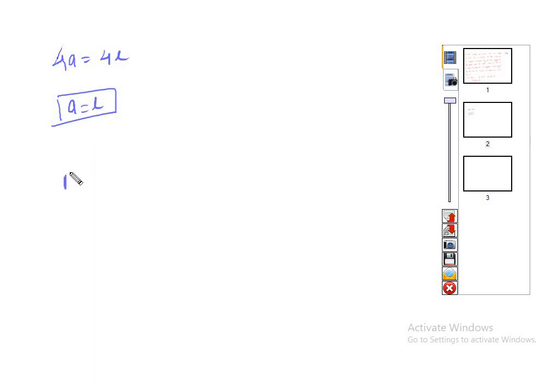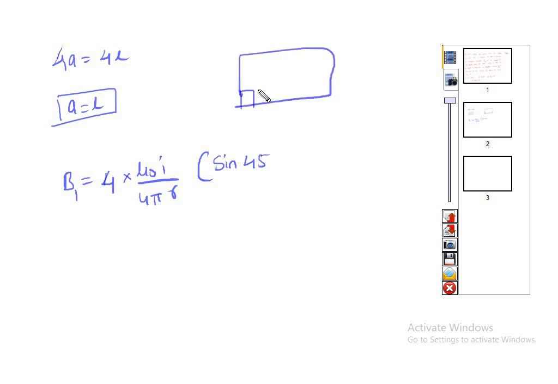So just now we have seen the condition B1 is equal to 4 sides into mu naught I by 4 pi r into sine 60 in the previous question, but now it is sine 45. Why? Because in a square each angle is 90, and for the diagonal this would be 45 degrees, right? Here plus cos 45, right?